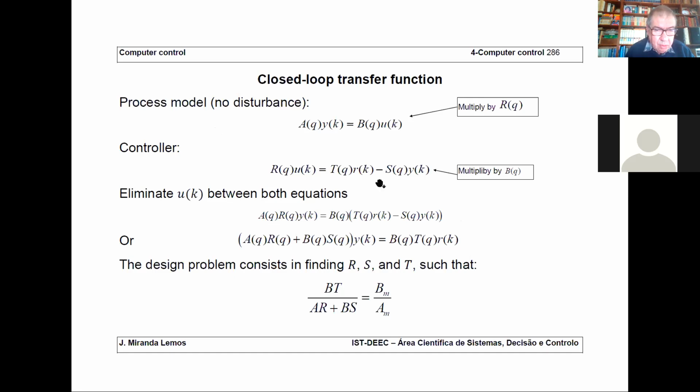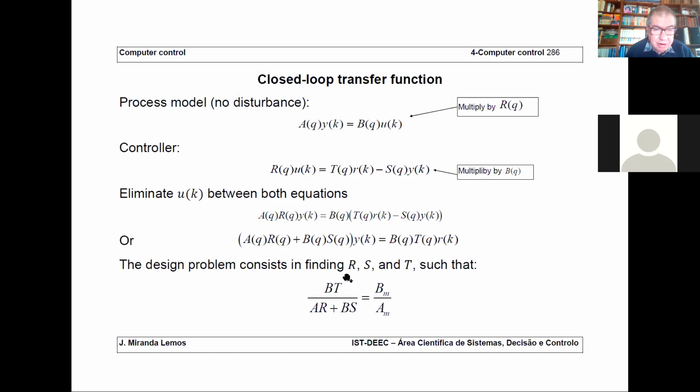Now you can rearrange things because you have here terms in yk on both sides, so you make one go to the other side. This is a big kick in mathematics when we say that one term jumps to the other side, but okay. And so we have a polynomial filtering yk equals to a polynomial filtering rk.